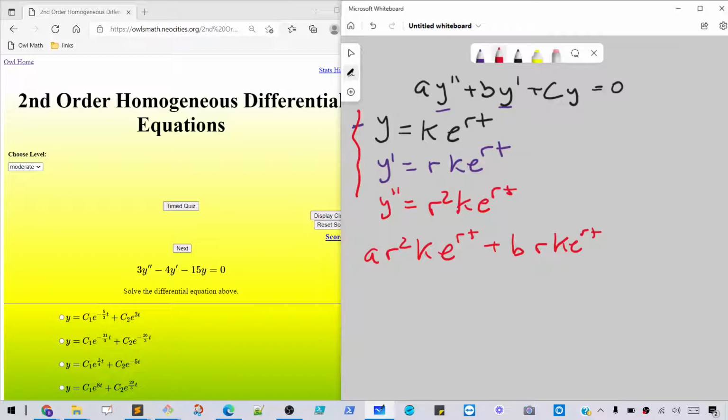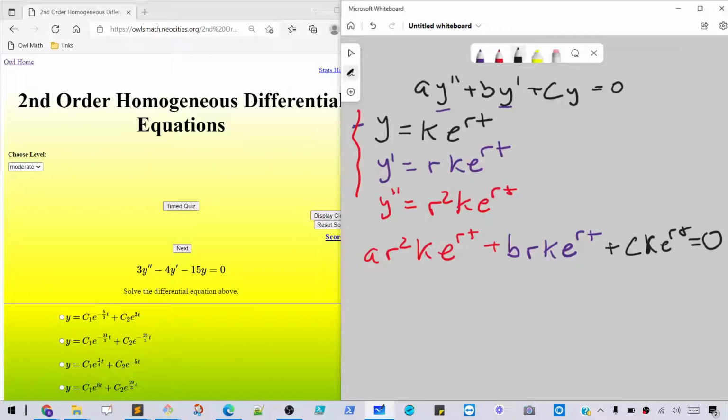You know what, I really should get the coloring going. I don't usually do this, but we'll try it. And then we have our c value, which is supposed to be black. So that's going to be c k e^(rt) equals 0.